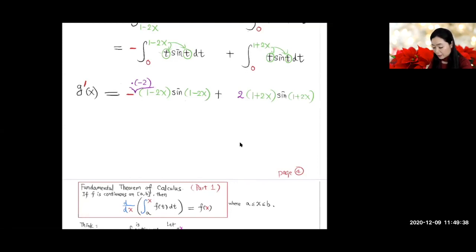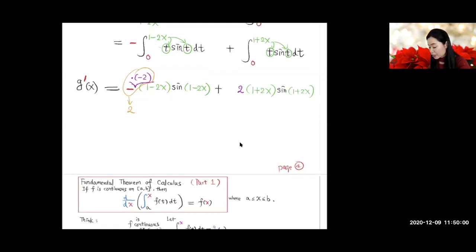Finally, for this part over here, you just replace this by 2, and that will be the answer. So 2 times this plus 2 times this, and you can just leave your answer like this. The sine of 1 minus 2x and the sine of 1 plus 2x are not the same. You cannot combine them, okay?